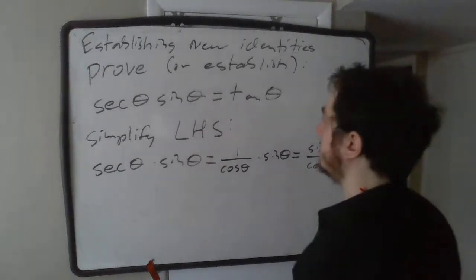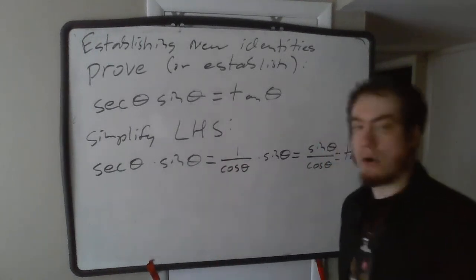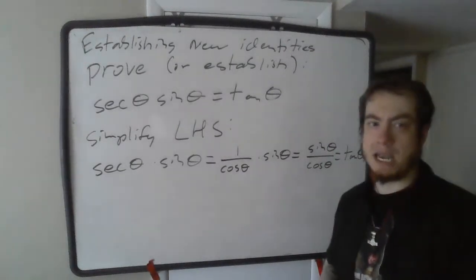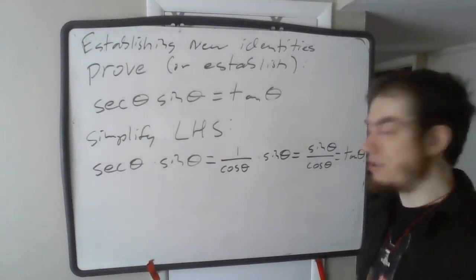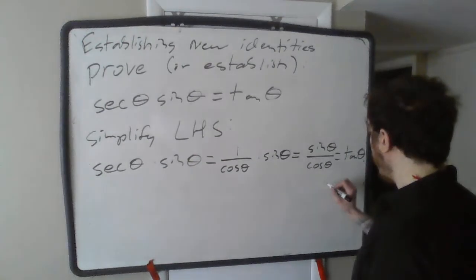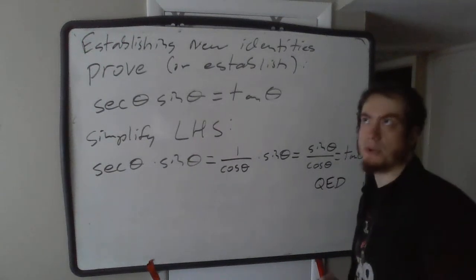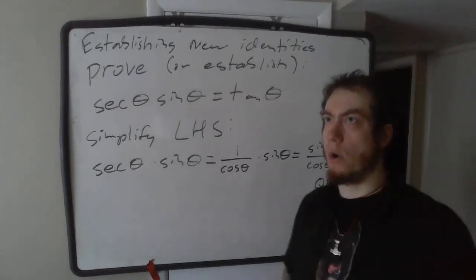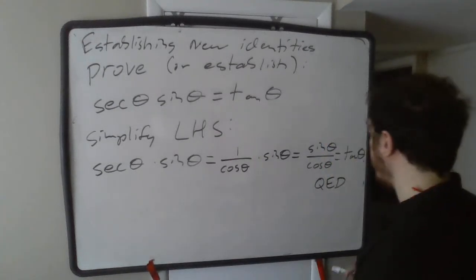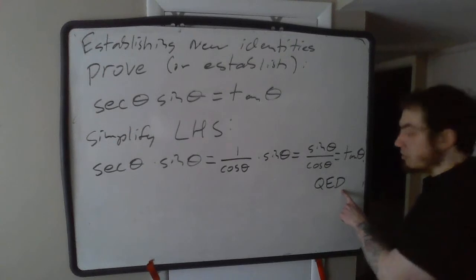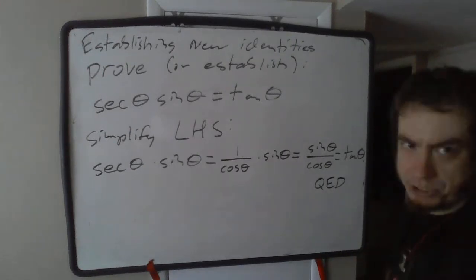When you have established an identity like this, there are a couple of different ways that you can indicate that you are done with your demonstration. You can write QED. This is from Latin quod erat demonstratum, and it means that which was to be proved, or that which was to be demonstrated.